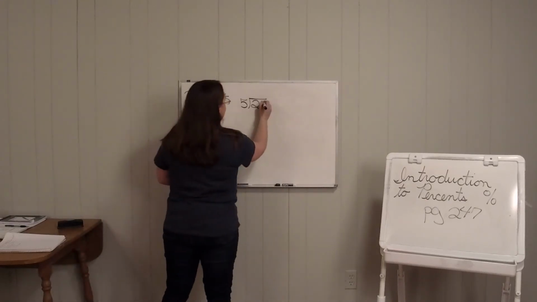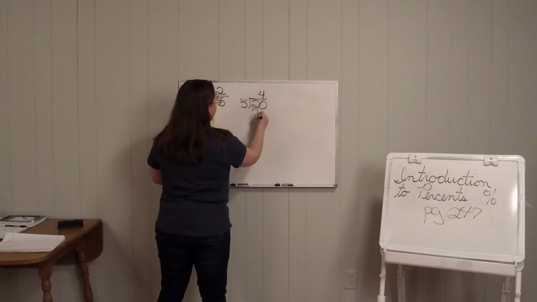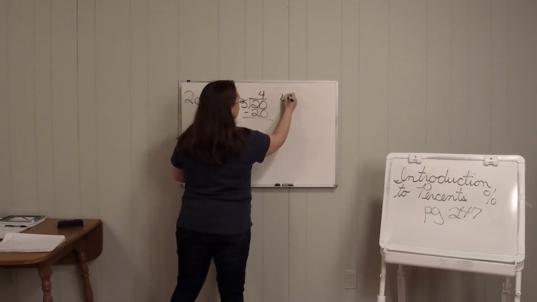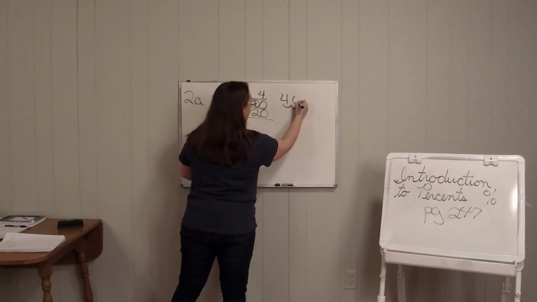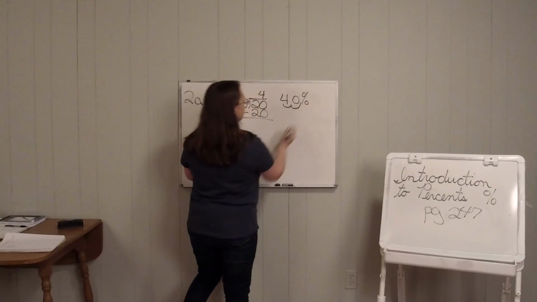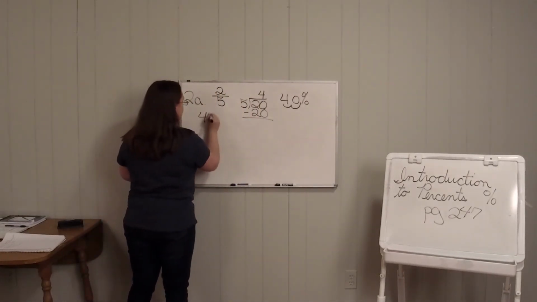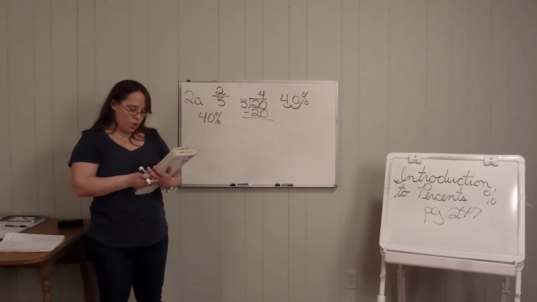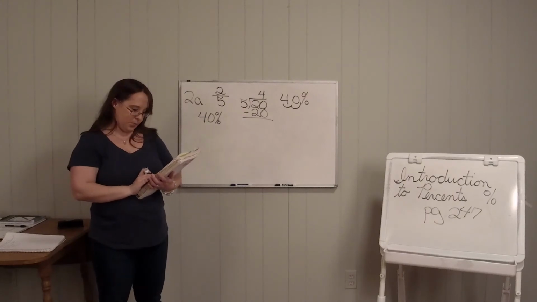You have to add a 0. And it would be 4. Well, you have 4. Do 2 hops and it makes 40%. So it's 2/5 and 40%. That might be the only one that probably gives you the most trouble.